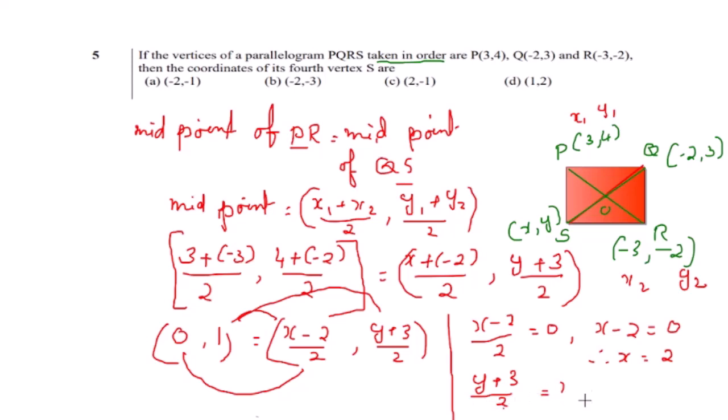Now, cross multiplication: y + 3 is equal to 2. So y is equal to 2 minus 3, that is equal to minus 1. So x is equal to 2 and y is equal to minus 1. So the option is C, that is (2, -1).